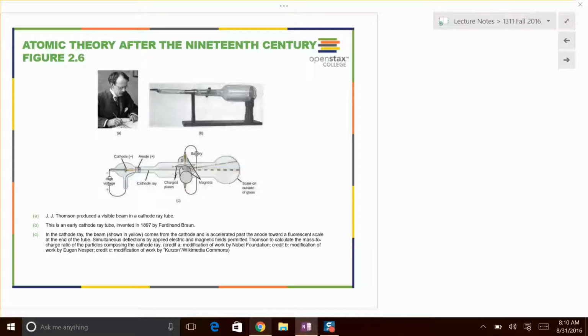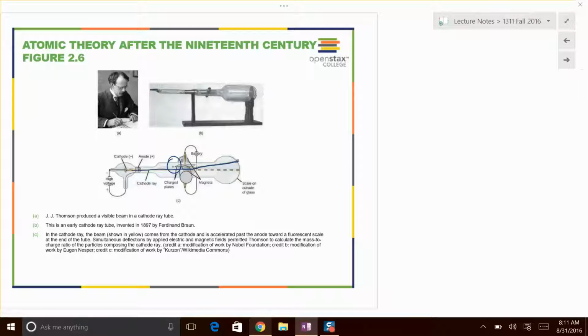So he's shooting this particle through the tube, and he turns on the positive plate. So that's this top one right here, okay? And as he turns it on, that ray goes like this. It changes its trajectory, okay?